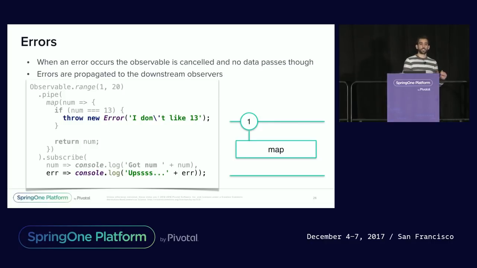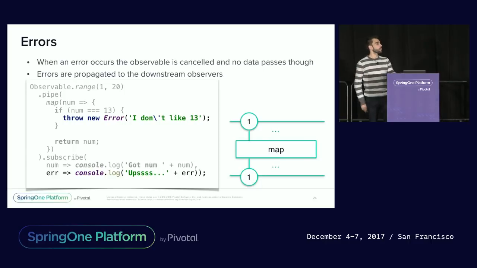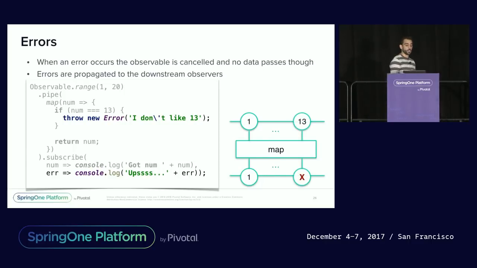But again, the observable will be over. It will be marked as closed, so we won't have any other value emitted. We're going to start with 1, continue 2, 3, 4, 5, 6, 7, until 13. That will throw an error, and this will just close or cancel the observable.